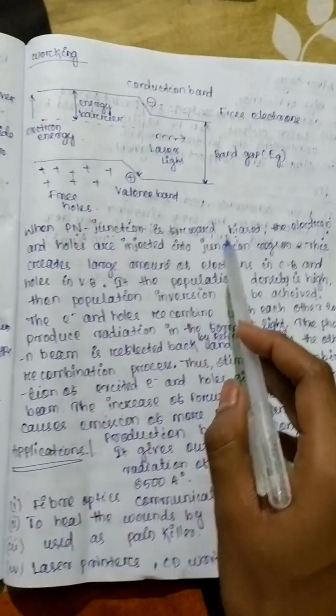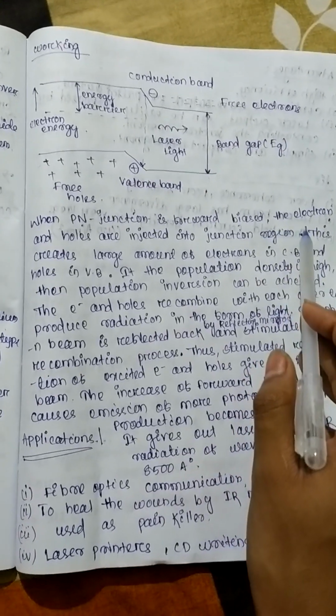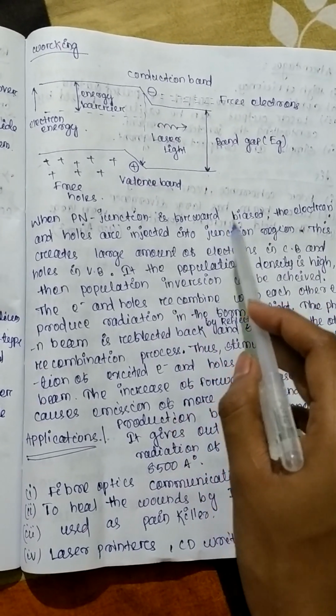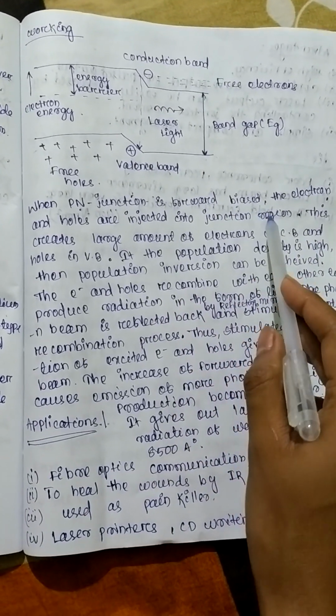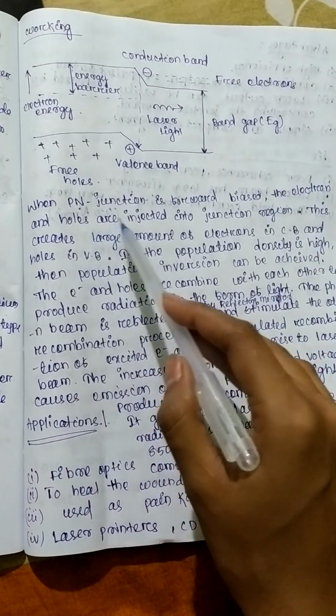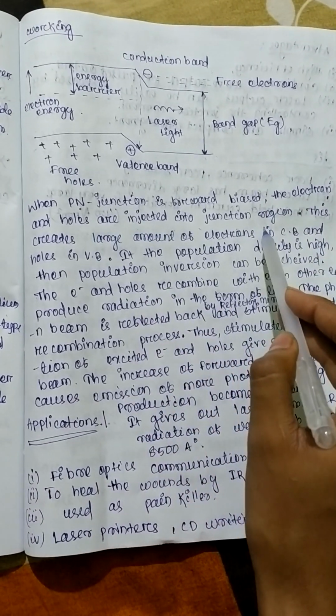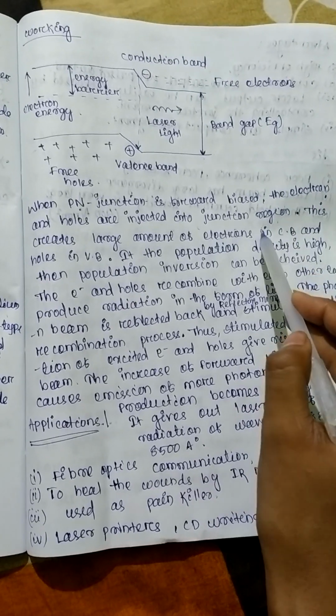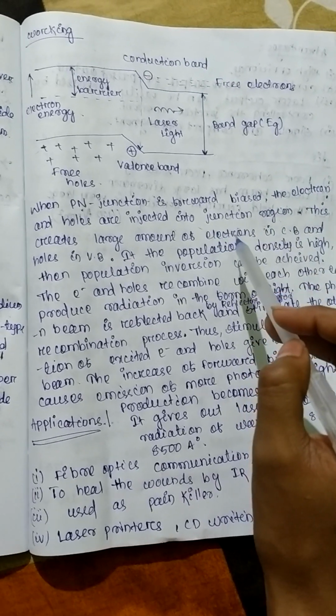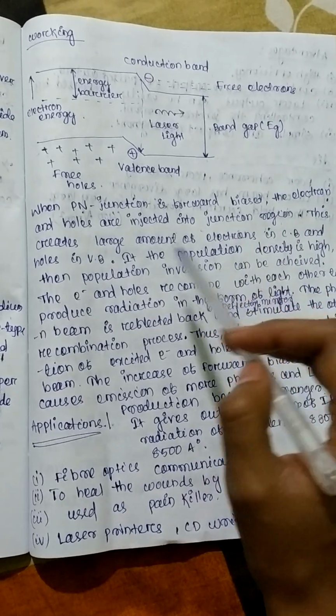When the PN junction is forward biased by applying some electrical voltage, the electrons and holes are injected into the junction region. So electrons and holes start gathering there.